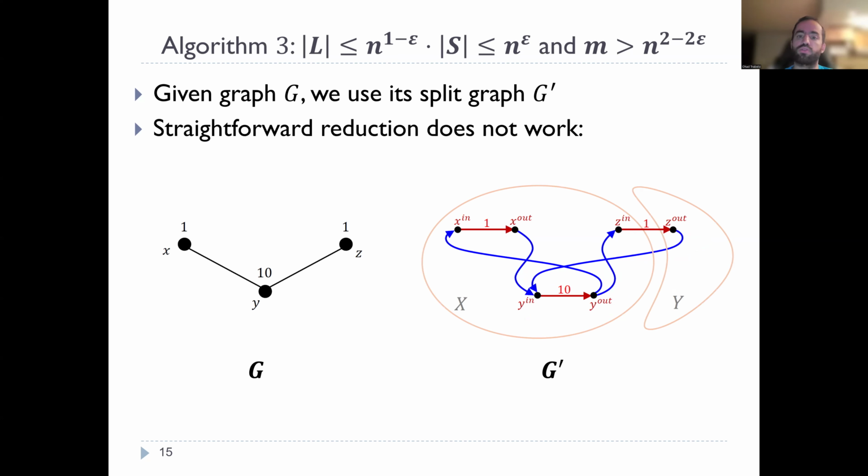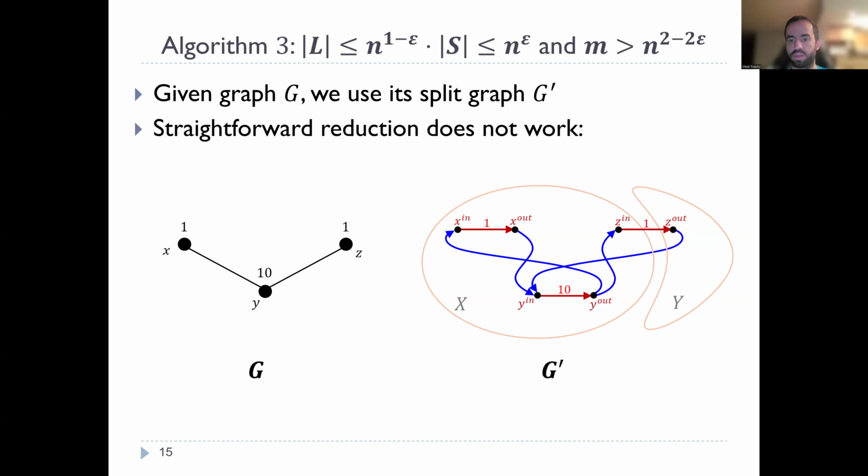Now, one might think to use that transformation directly as a reduction to global minimum cut in directed graphs with edge capacities. Unfortunately, this does not work as is, because there could be cuts in the split graph that do not correspond to any vertex cuts in the original graph.